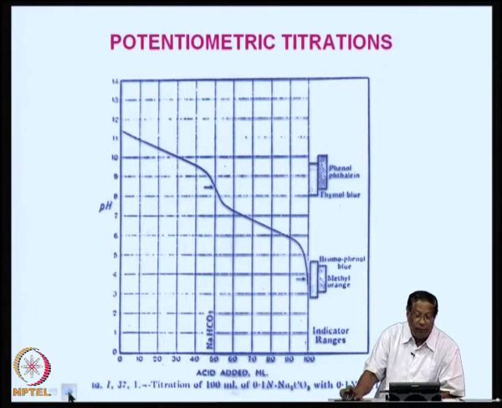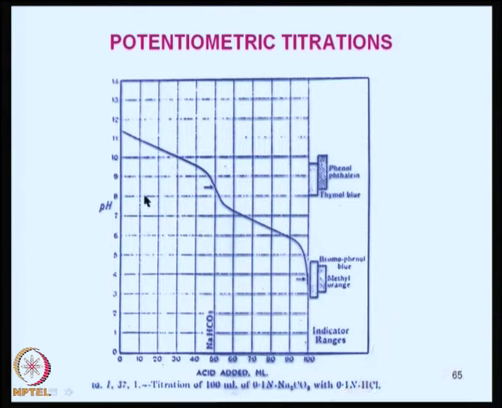Like that, you can see different kinds of potentiometric curves. For example, this is sodium bicarbonate titrated with the acid. Here you will see that the inflection point is not so well defined, but still you can see it, because this is the area where the inflection point is, and phenolphthalein or thymol blue will change color in this range. That means the inflection point is covered.